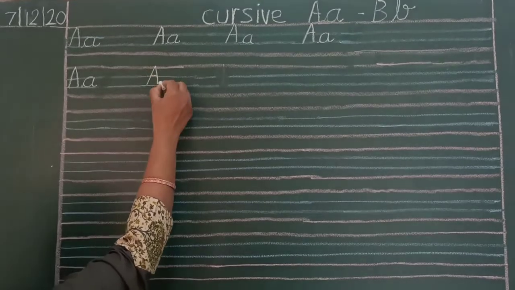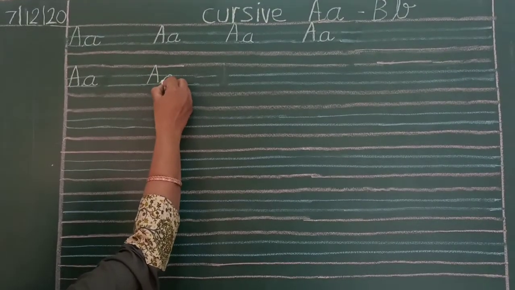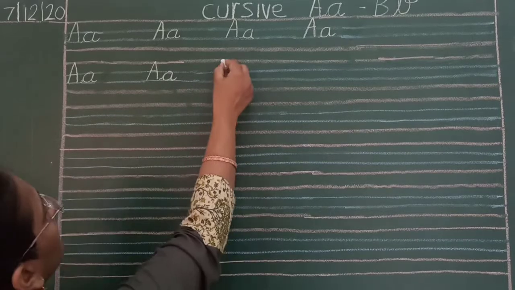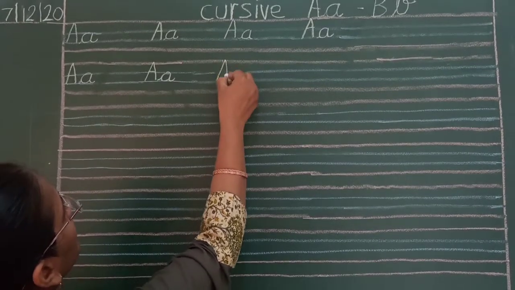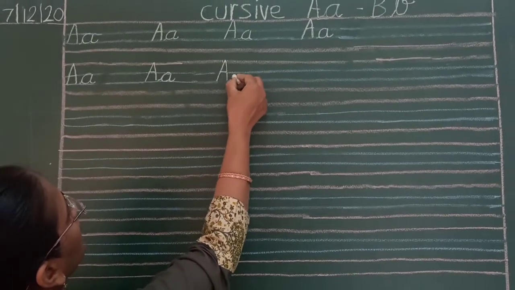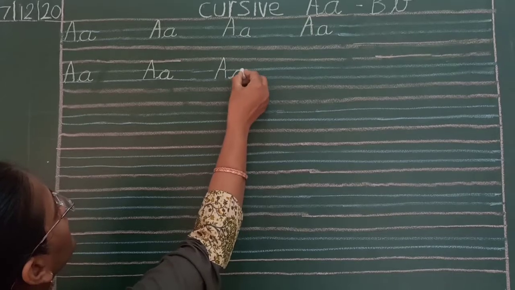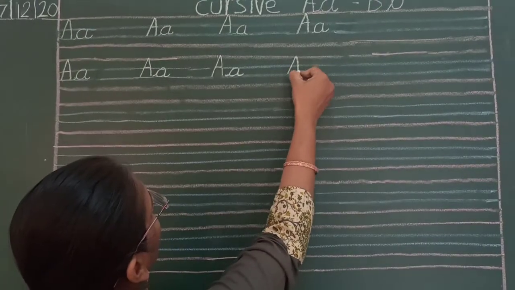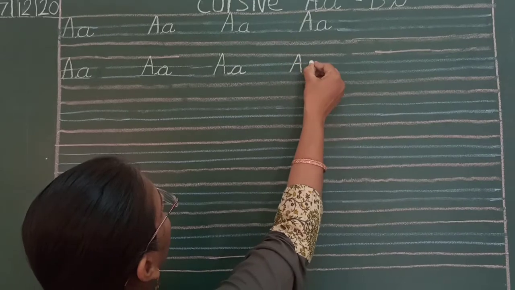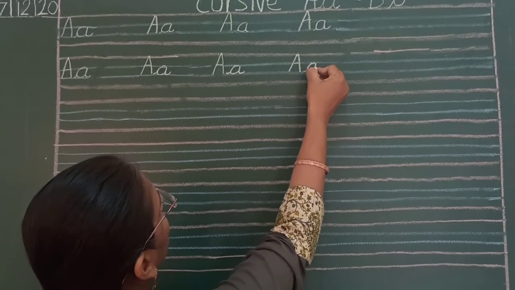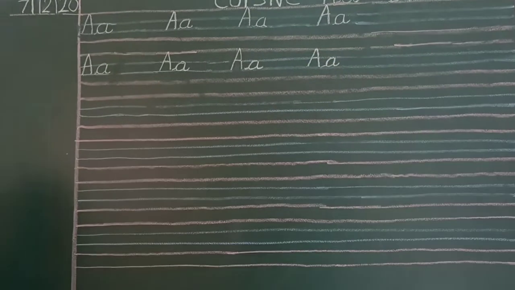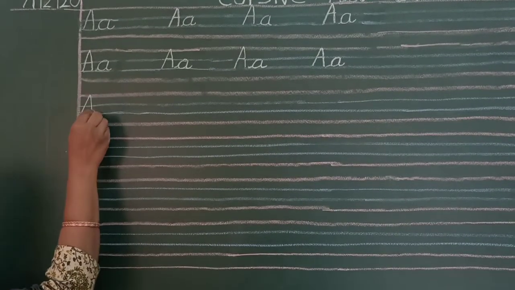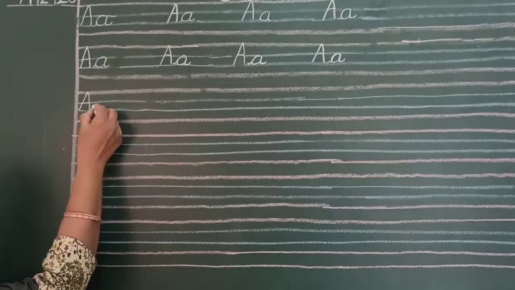Just like capital alphabet A, you have to write A and then small a. Write again capital A and small a. One more time, capital A and small a. Now in the next line again we have to write capital A and small a.